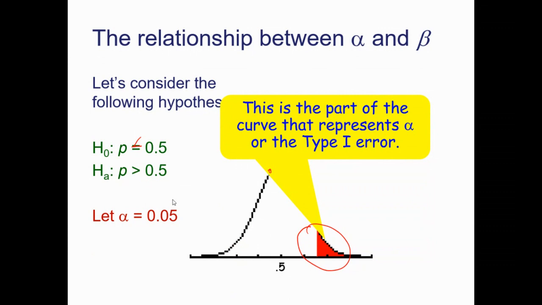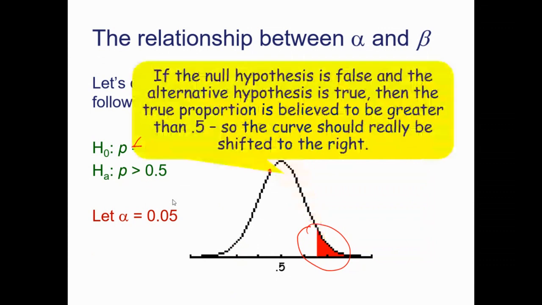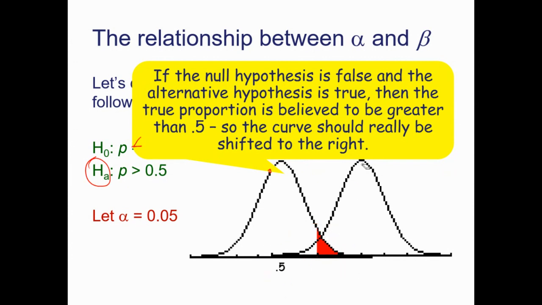Okay, so that red area is the part of the curve that's a type 1 error. If the null hypothesis is false, and the alternative is true, then the true proportion is believed to be greater than 0.5. So the curve should really be shifted to the right. So we're saying that the alternative is really the case, which means our mean needs to be shifted over to account for it.